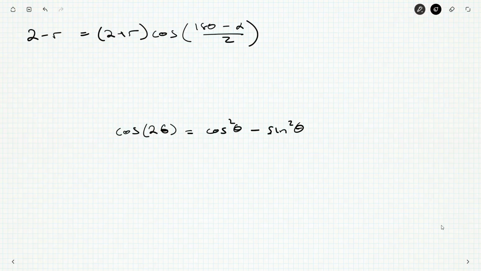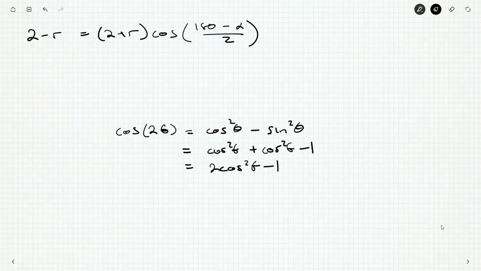Now, can I rearrange this and just talk about... Yeah, so if I just want cos theta, I can change this so minus sine squared theta is the same as another cos squared theta minus 1. So that's 2 cos squared theta minus 1.